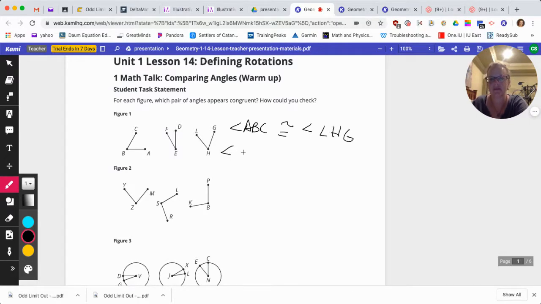I could also name this angle CBA, noticing that B is in the middle of each name because B is my vertex of my angle. LHG, I could also name it GHL because H is the middle of the name because it is the vertex of my angle. How would we check that?